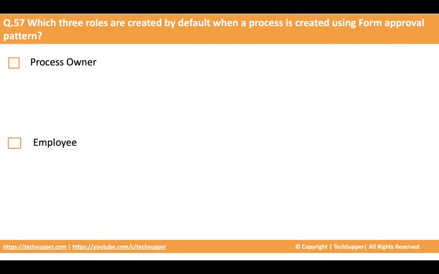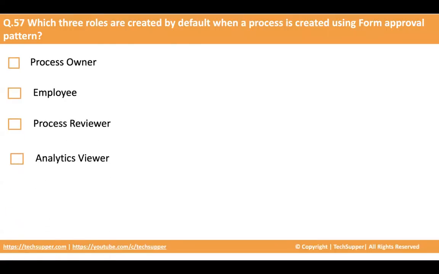Options are process owner, employee, process reviewer, analytics viewer. Which three are valid roles which will be created by default? You can create your own custom roles, but which three default roles will you get by default? The correct answers are process owner, process reviewer, and analytics viewer. So these three roles will be created by default.